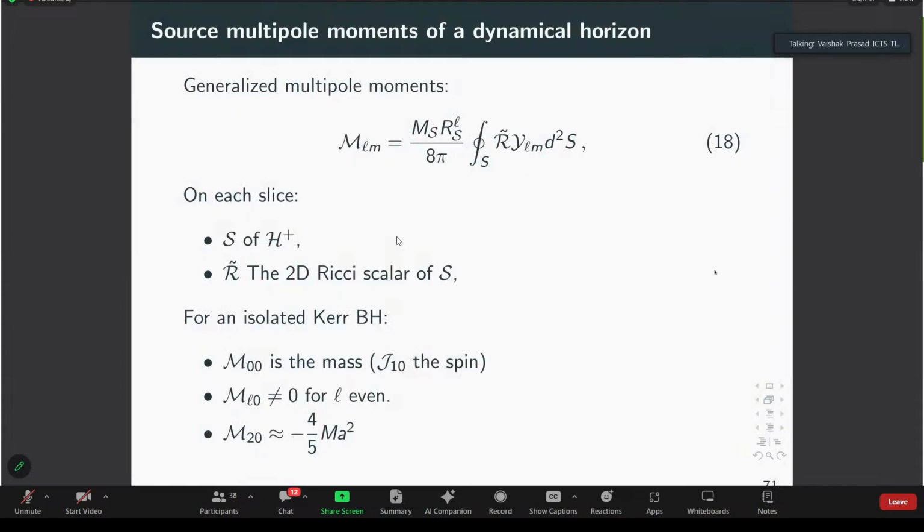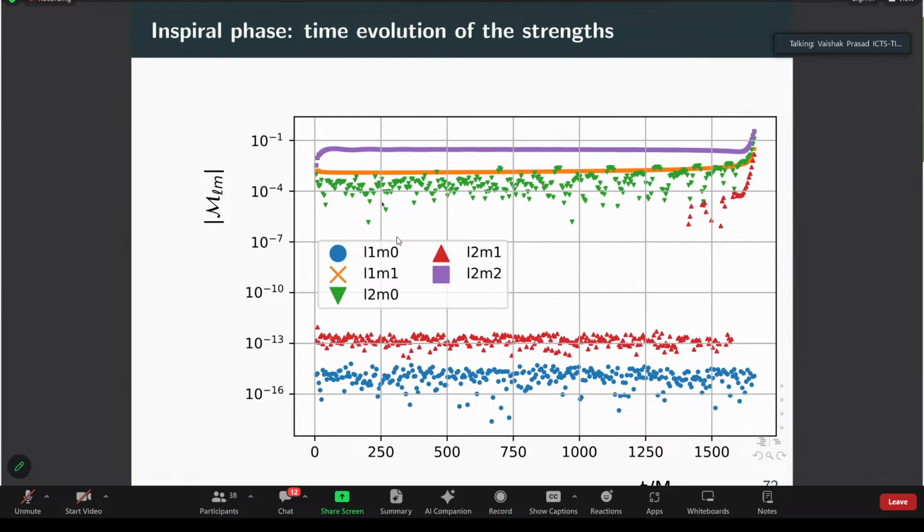And on running numerical simulations and computing these general deformations, what I found was, on your screen, the dominant contribution, what we were looking at before in the previous part of the talk, was the L2M0 component. Remember, we didn't have the M indices. It is still a quadrupolar deformation, but it is an axisymmetric component of the quadrupolar deformation.